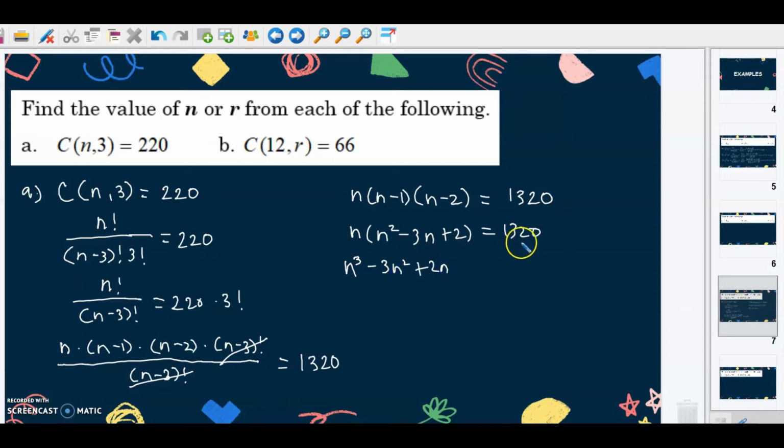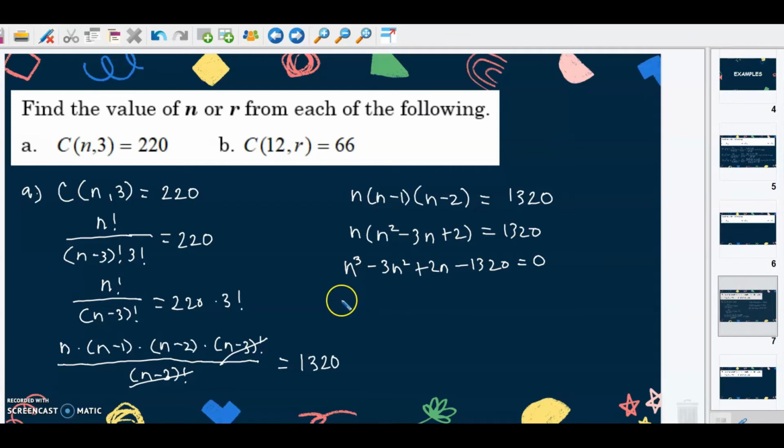Then I will move the 1,320 to the left side of the equation. Then we will have this cubic equation. Now, since you already know how to find the zeros of higher degree polynomial equations, you may use different theorems that you know. You may use rational root or any other theorem that you know that is appropriate for this given.